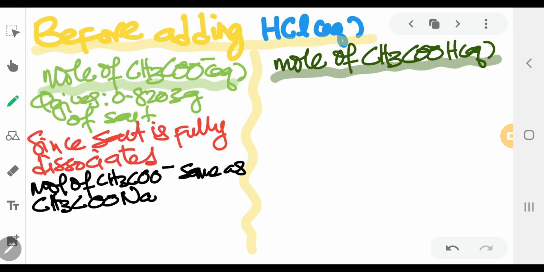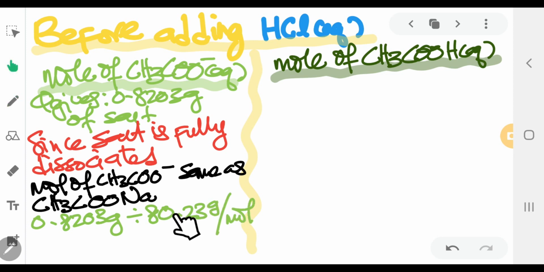So we're just going to take 0.8203 grams. From mass, you change back into moles, so you divide by the molar mass, 82.03 grams per mole. This is the molar mass for your salt.